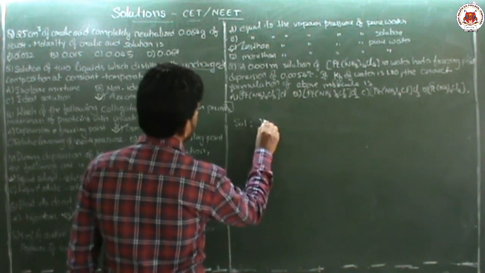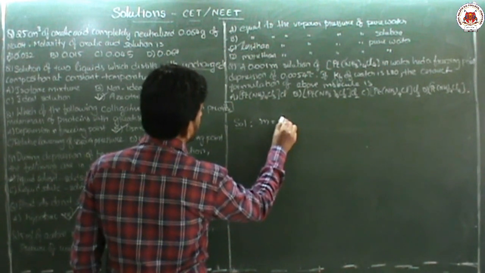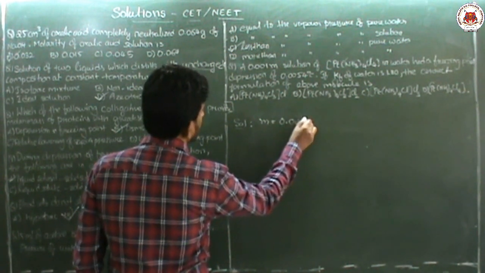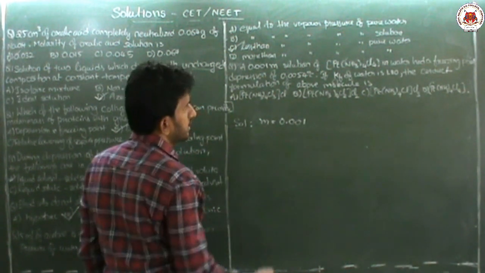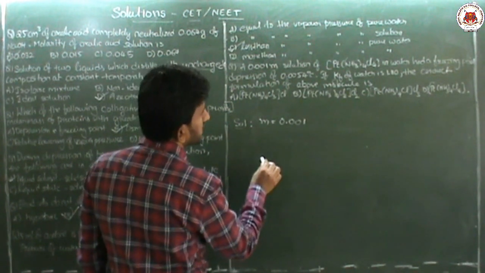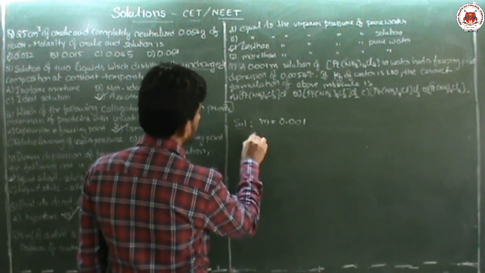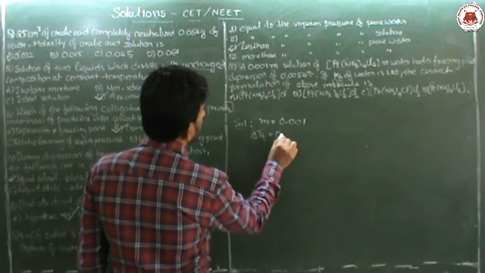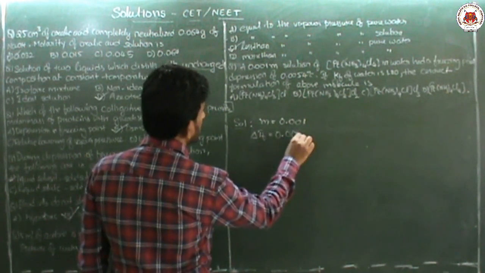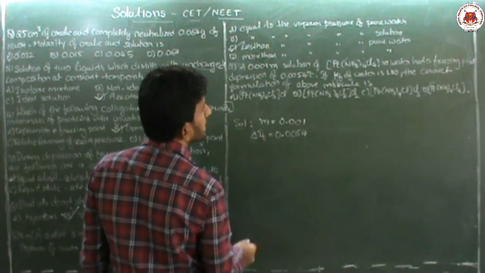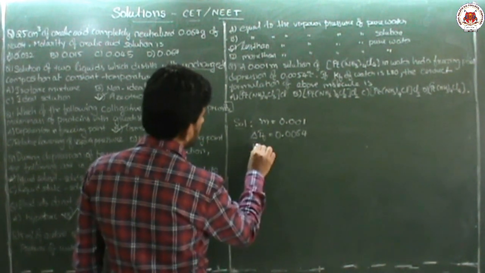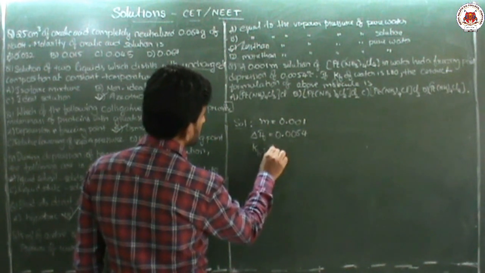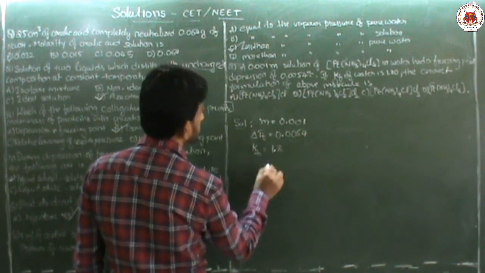Given molarity is 0.001, depression in the freezing point delta Tf is 0.0054 degrees, and the Kf value of water is 1.8.